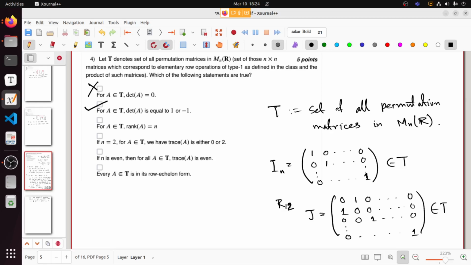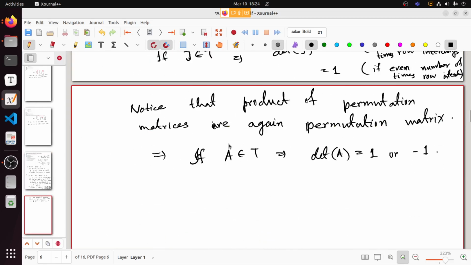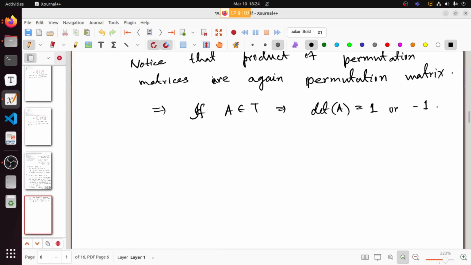Now check the next option. What is it saying? If A belongs to T, the rank of A should be n, right? Let's check option number 3. For A belongs to T, the rank of A is n.